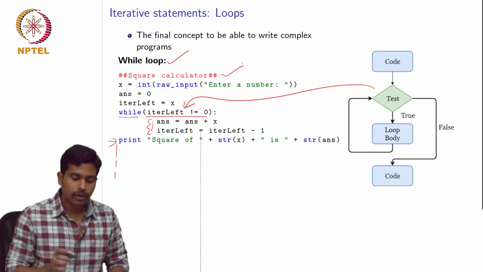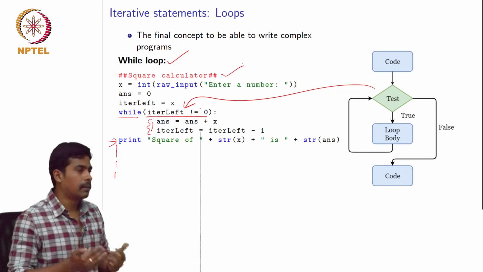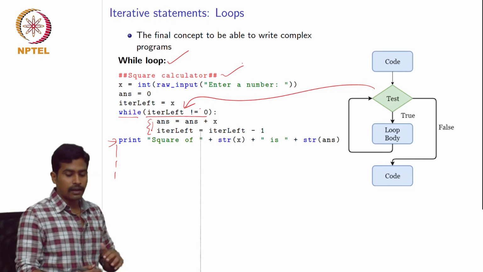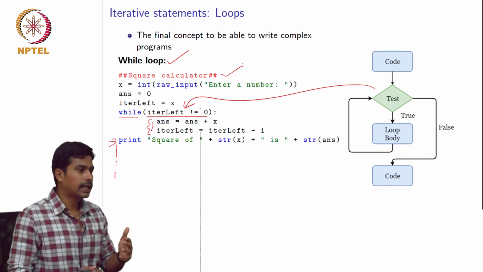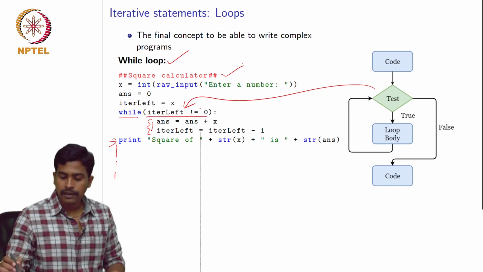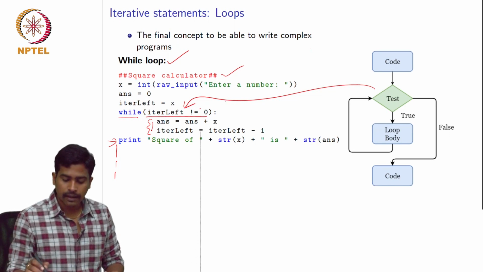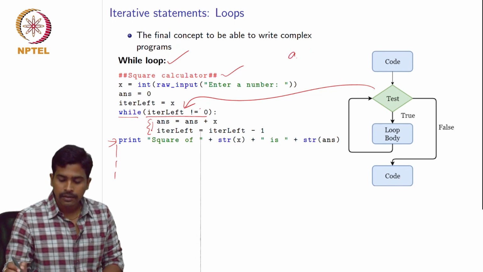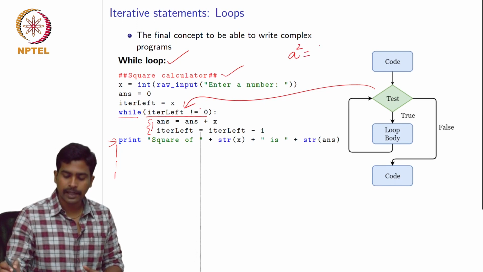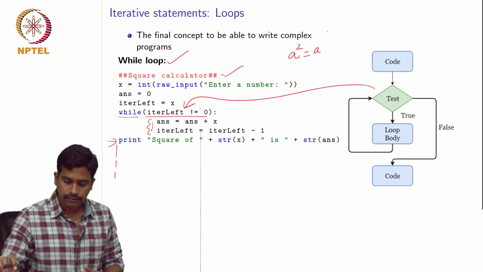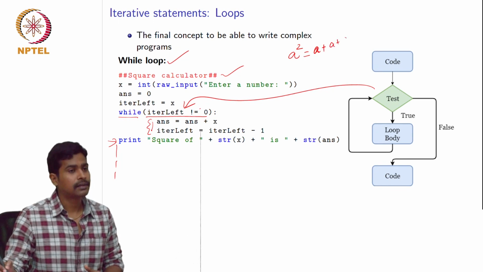In this program I want to calculate the square of a number. For example, if you give a number a, I want to calculate a square, right. So a square can be given by adding a number a times.